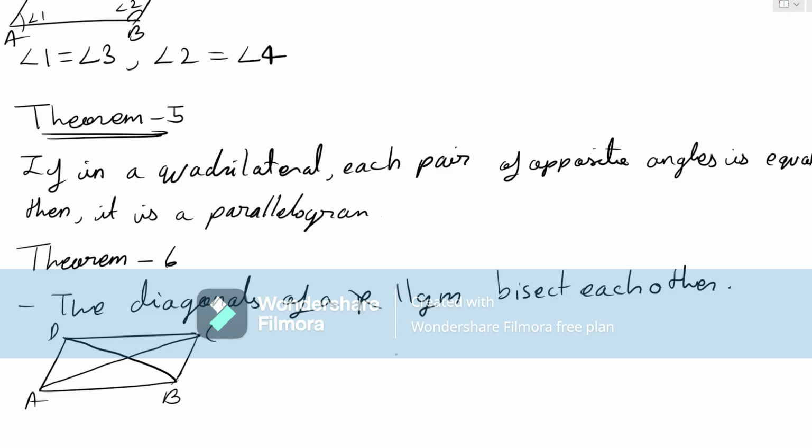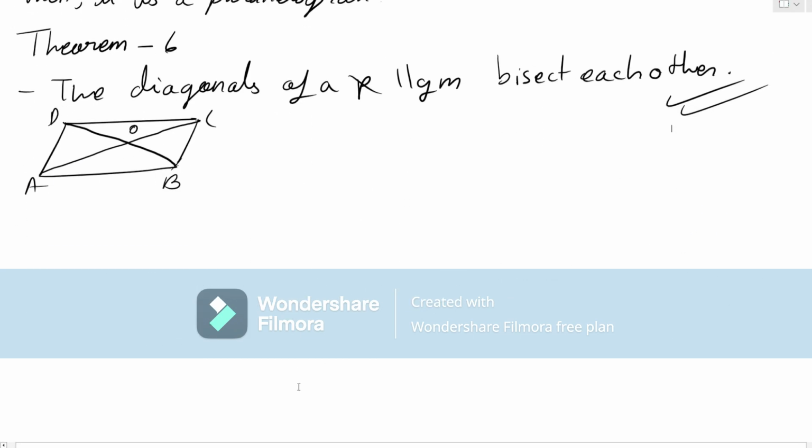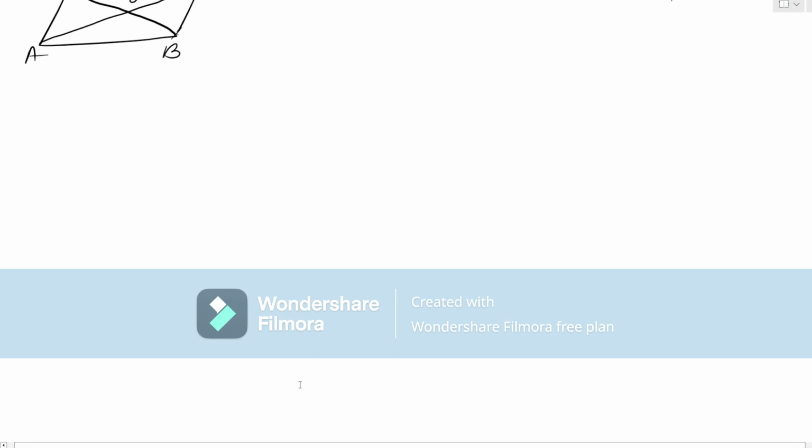Okay. Now what can you see? We can see that this point O is the intersection point of those two diagonals. Hence this statement is proved. The diagonals of a parallelogram bisect each other. Done. These theorems are really easy.